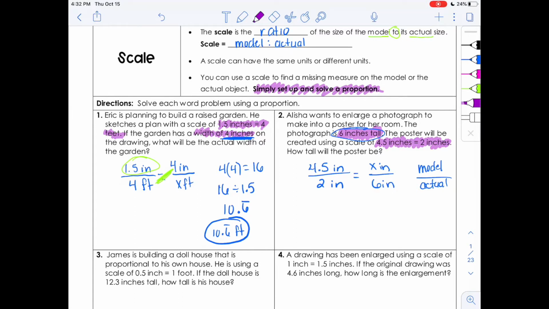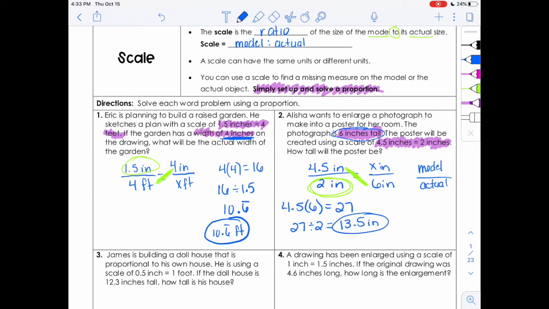Once this is set up, we simply cross multiply 6 times 4.5 divided by 2. And again, go ahead and use a calculator. 4.5 times 6 equals 27. And then 27 divided by 2 equals 13.5 inches.